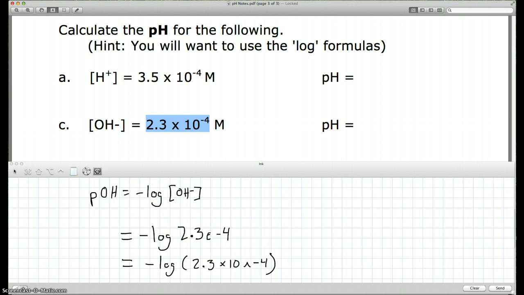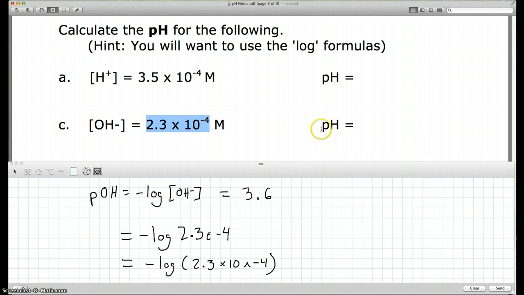I know a lot of you use exponents that way. And then you hit enter. When I do that, negative log 2.3, double E, negative 4, my calculator gives me the answer, and with sig figs, it'd be 3.6. So I just calculated the POH is 3.6.